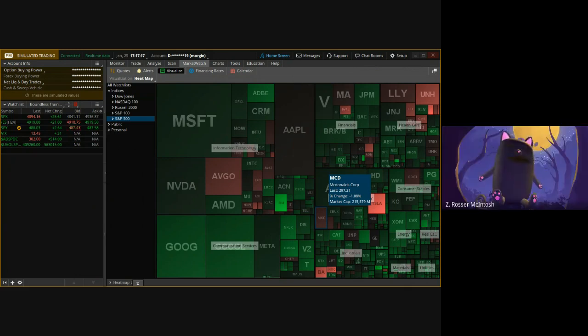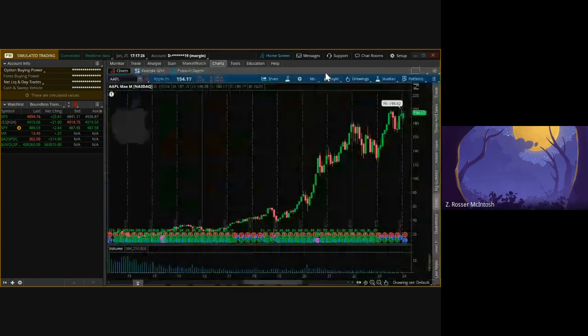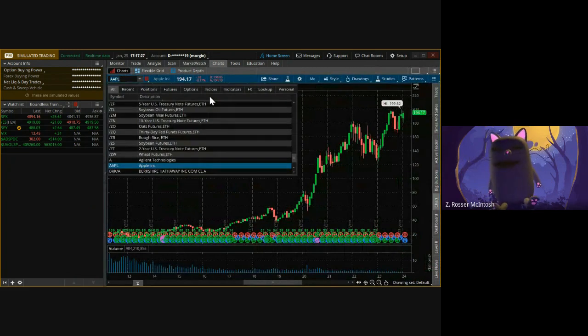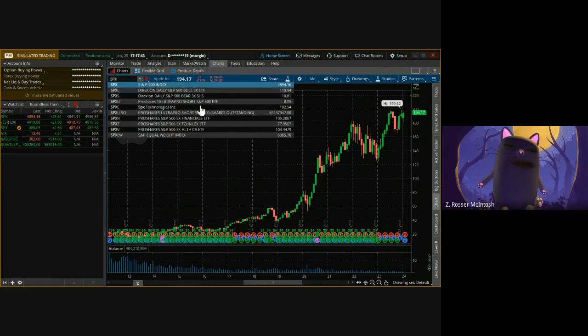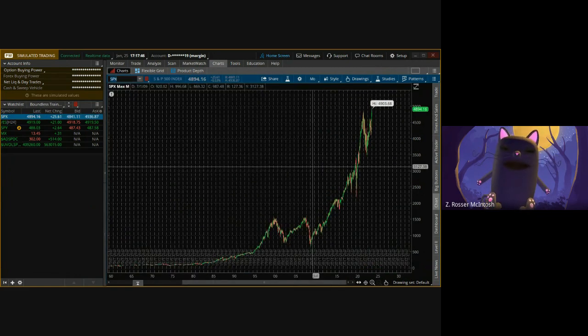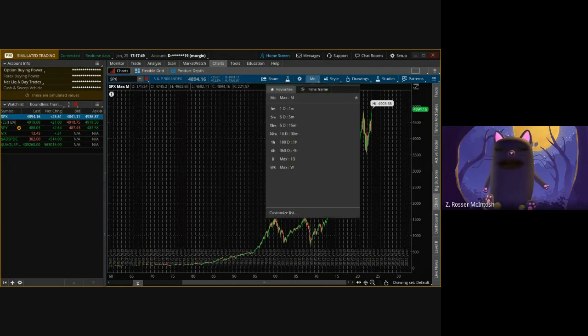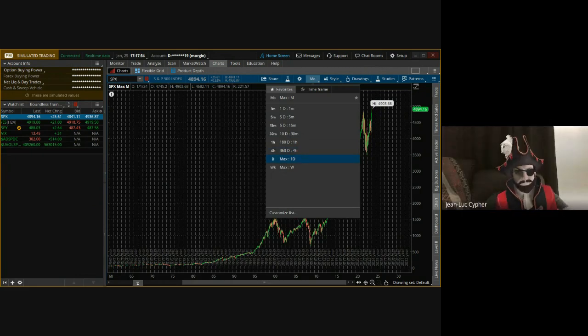But let's talk about options, because this is where you're really going to be making some money. So, let's look at SPX. And let's talk about, which one were we using?